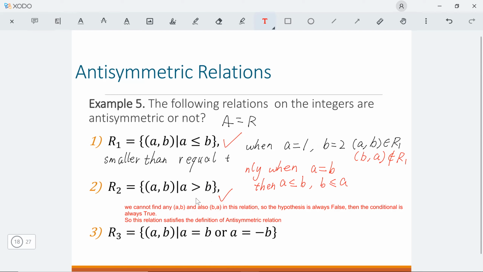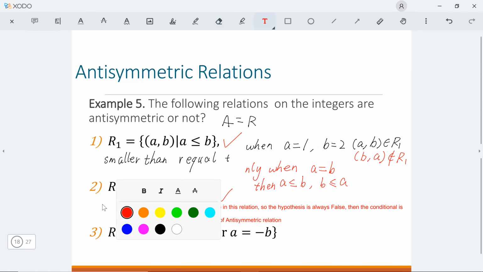So when A equal 1, B equal negative 1, we have our AB in this relation. And then how about our BA? If we change the order of A and B, we have B on the left, B equal negative 1, and on the right, negative A equal negative 1.